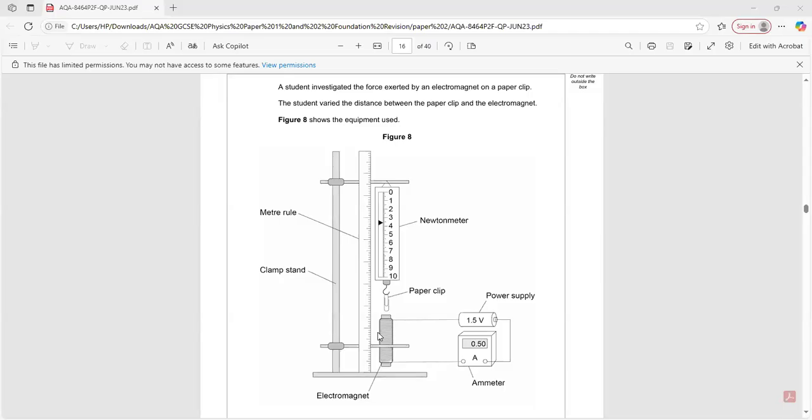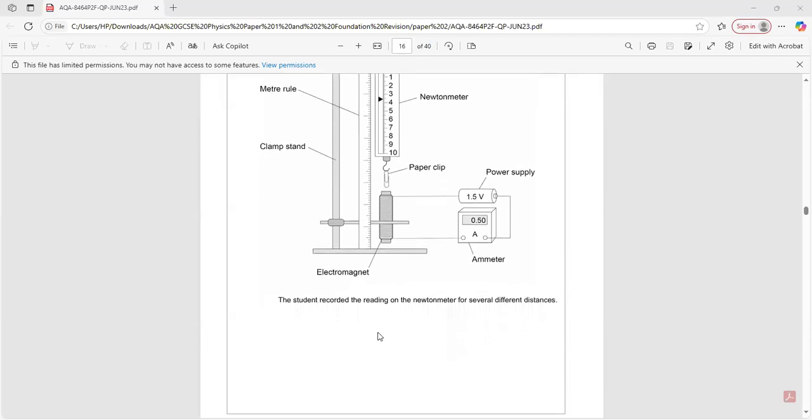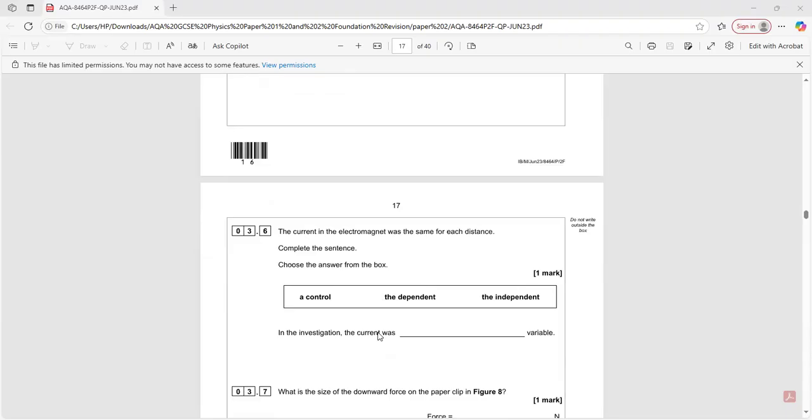He changed the distance. Of course he was hoping to measure the effect of the magnetism on the paper clip, at which distance the magnetic force will be strongest.